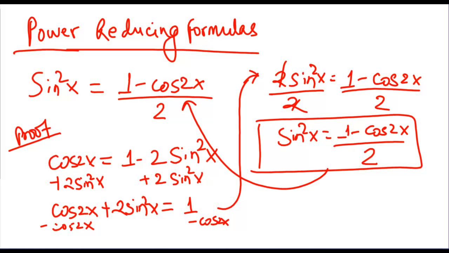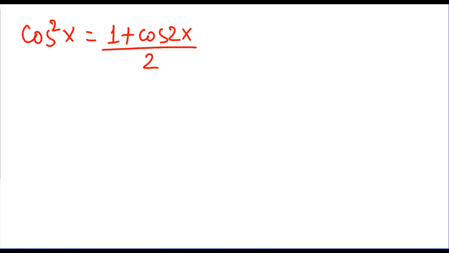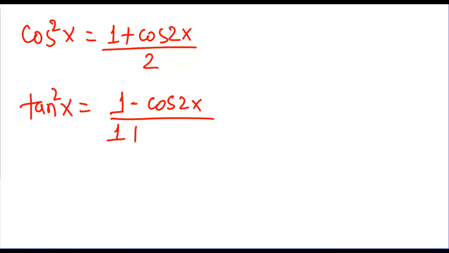Now similarly, we can do the other one for cosine squared x, which is equal to 1 plus cosine 2x over 2, and we could prove it similarly, just like we proved the sine squared function. And also we have one for the tangent squared x, which gives me 1 minus cosine 2x over 1 plus cosine 2x.